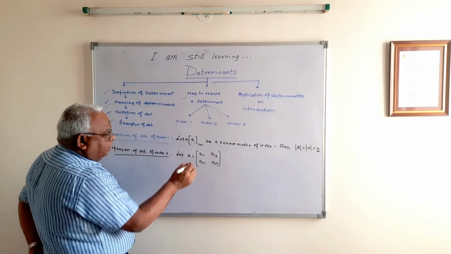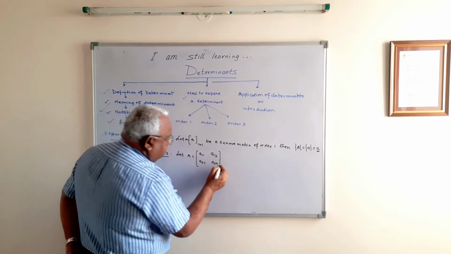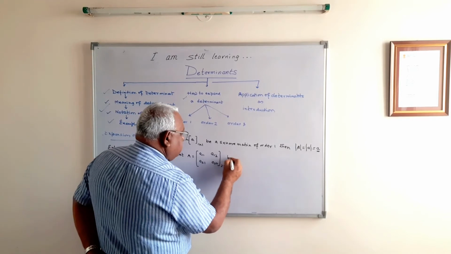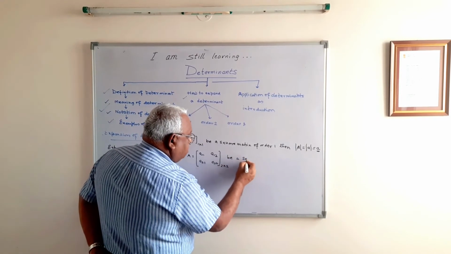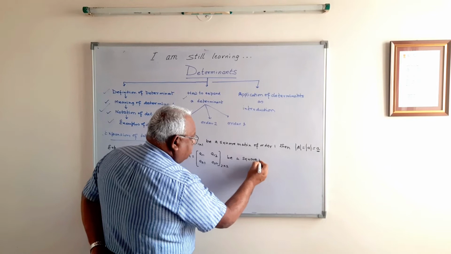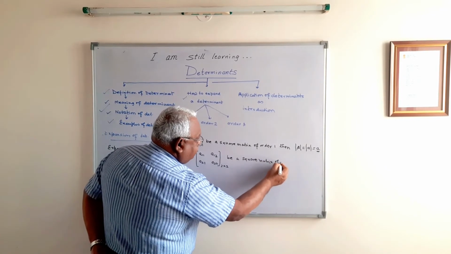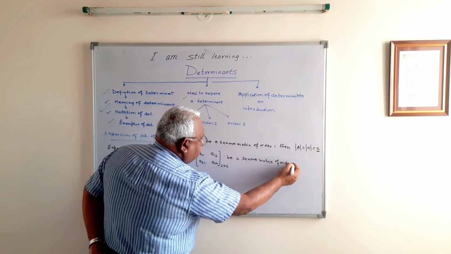Now I am defining in terms of elements. So this is a square matrix of order 2.